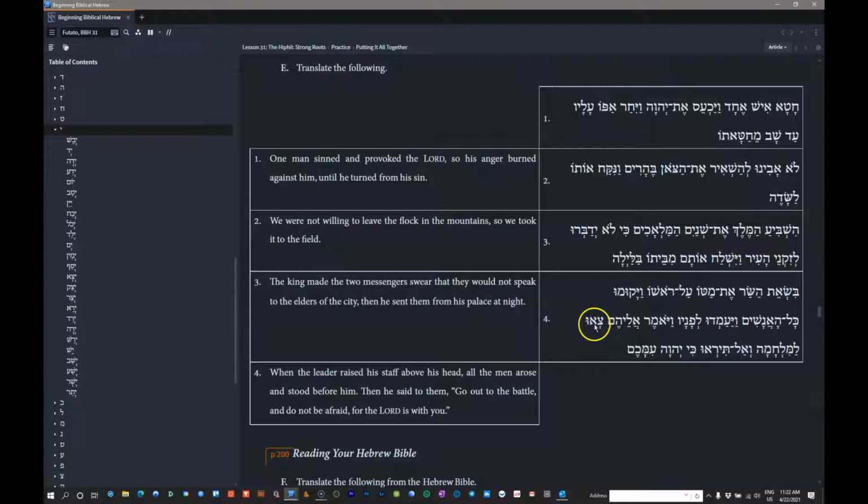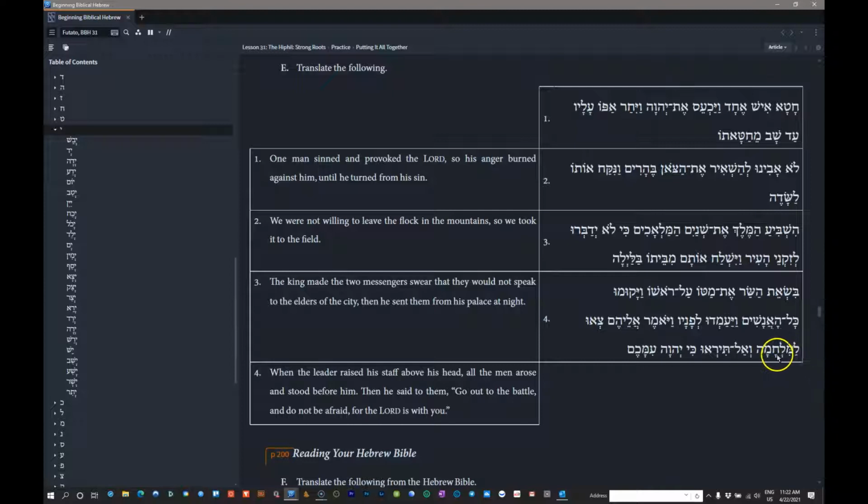So we get yatsa means he came out, or he went out, or came forth. As an imperative, it means come forth or go out. And as a 2MP, it's directed toward all the men. So he said to them, go out or come out.